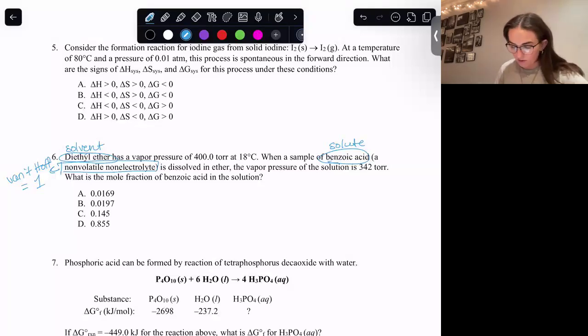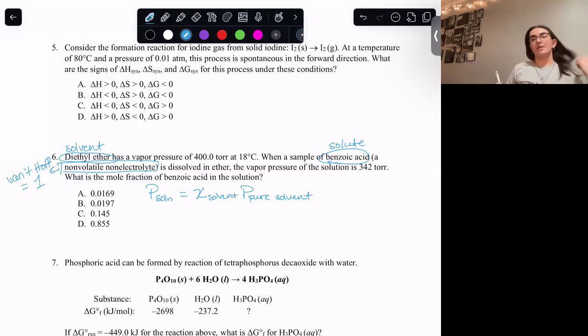The other thing that we need to know for this question is that the pressure of the solution is equal to the mole fraction of the solvent times the pressure of the pure solvent. And this is telling you that your vapor pressure of the solution will always be less than the vapor pressure of your pure solvent.